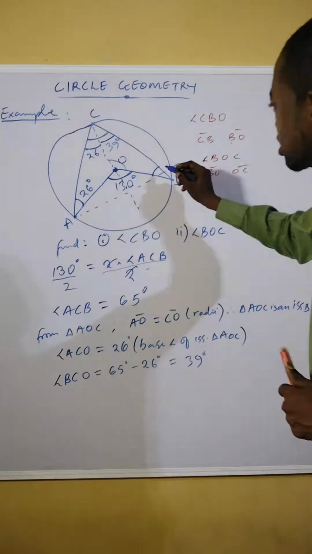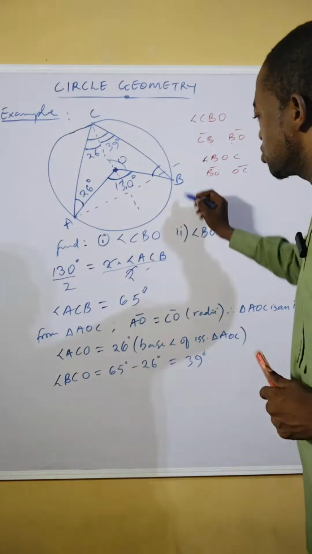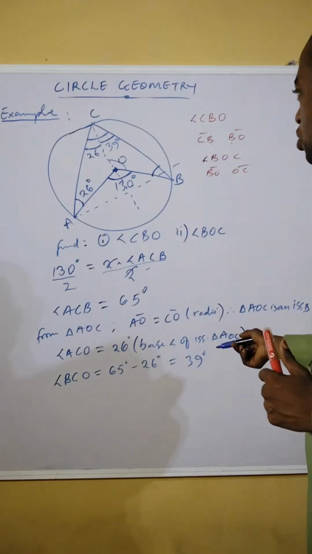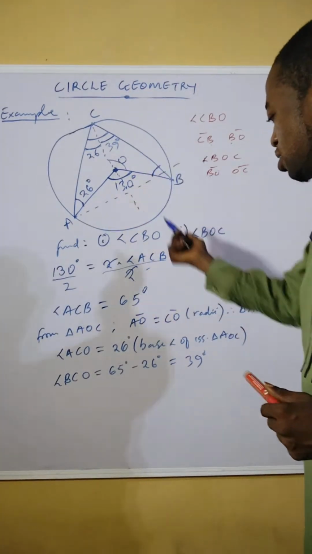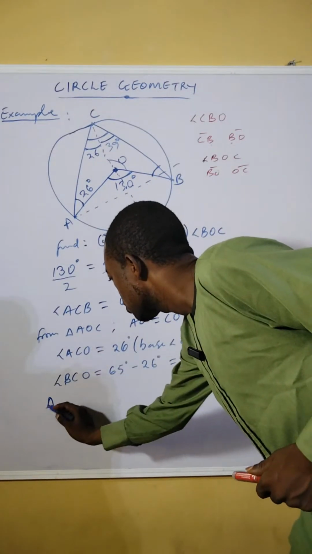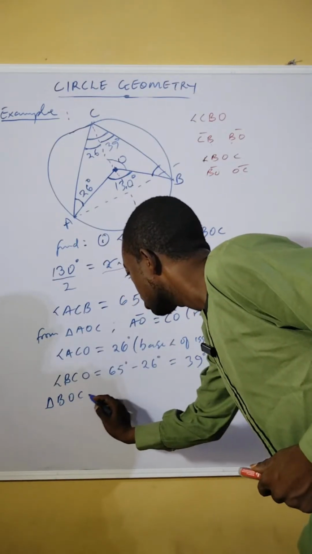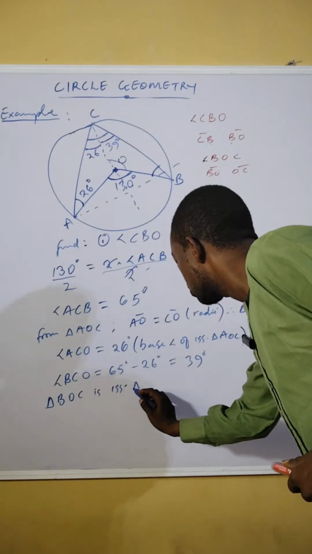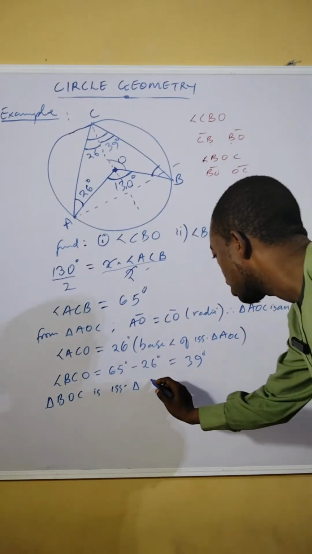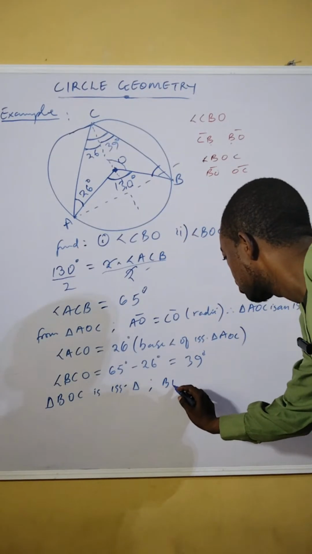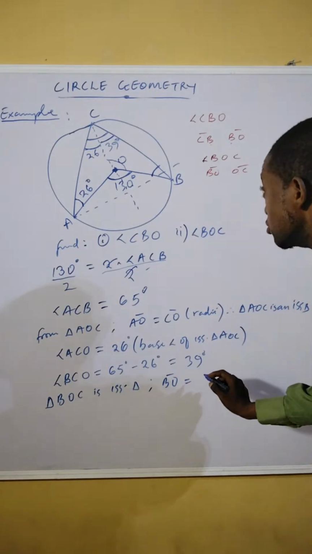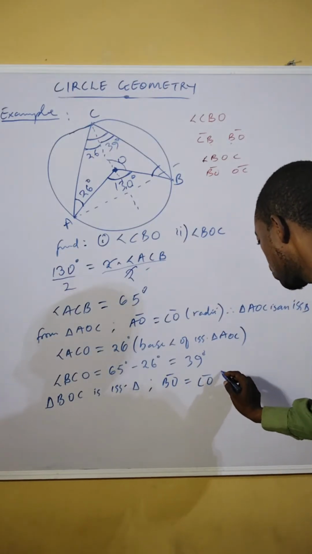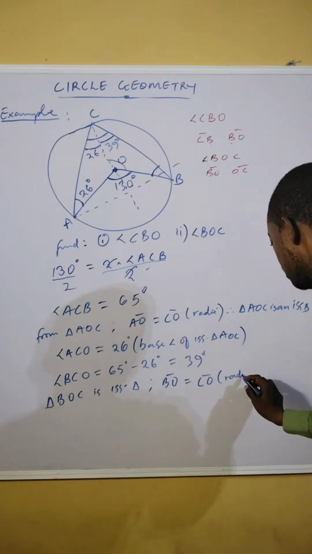So this angle only here is now 39 degrees, right? Then we are finding angle CBO. So looking at this triangle BOC, triangle BOC is an isosceles triangle. Why? BO is equal to CO, because they are radii of the semicircle.